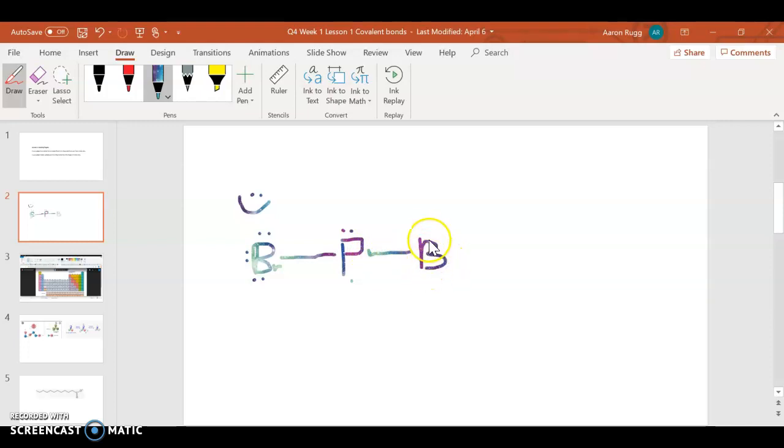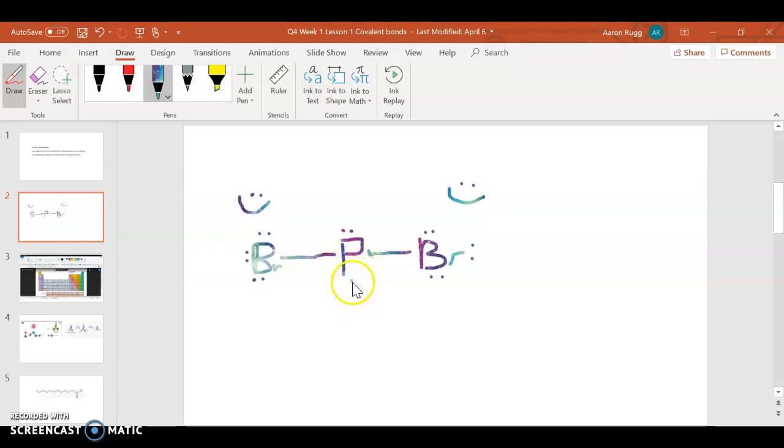Another bromine. Bromine is still happy, right? The second bromine, because it's got 1, 2, 3, 4, 5, 6, 7, 8. Is phosphorus happy? 1, 2, 3, 4, 5, 6, 7.